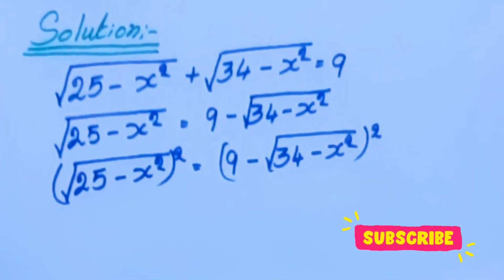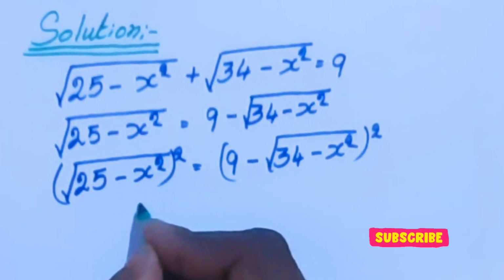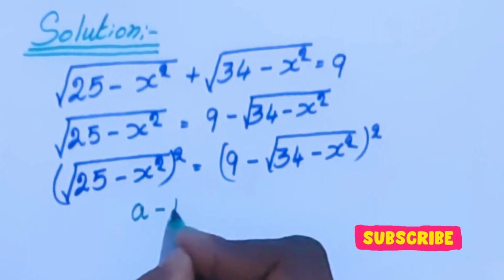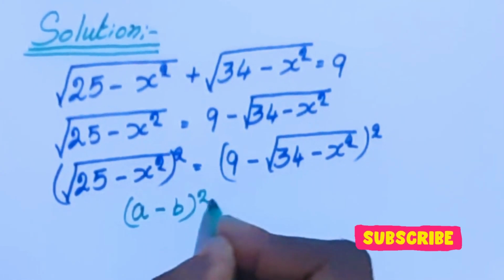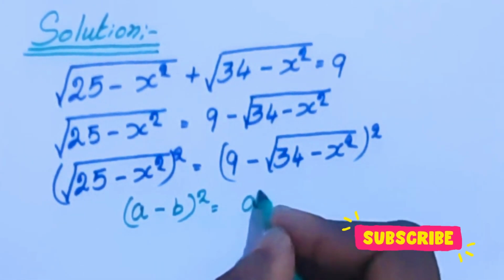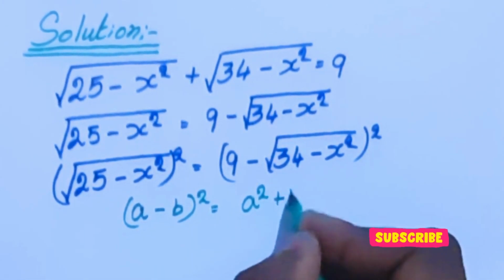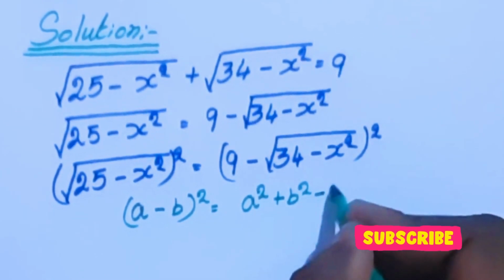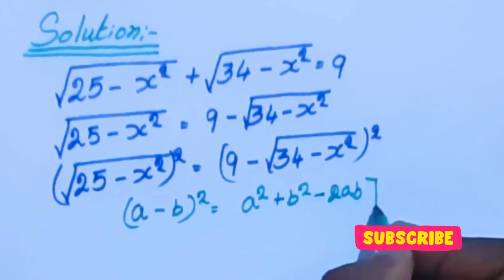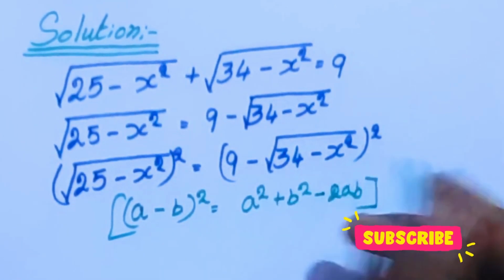Now we are going to apply this algebra formula here: a minus b whole square equal to a square plus b square minus 2ab. This formula we are going to apply here.